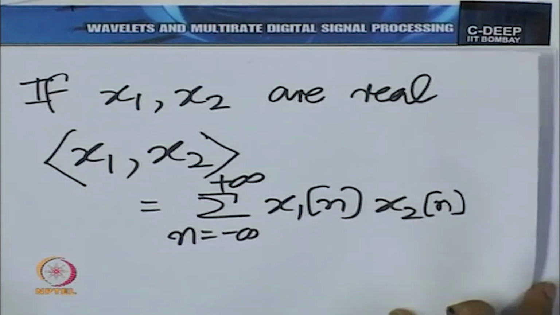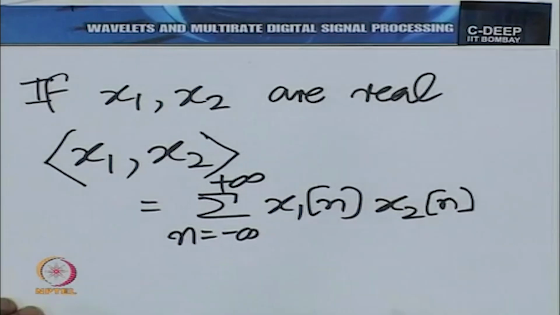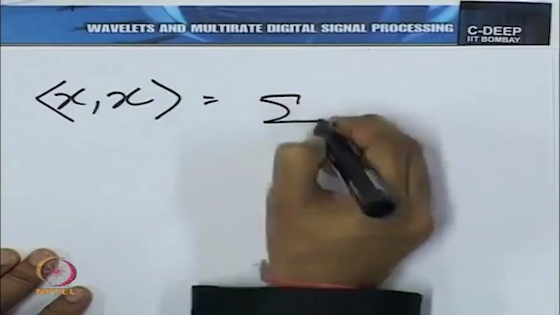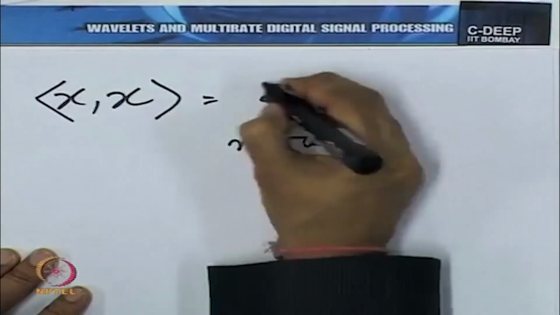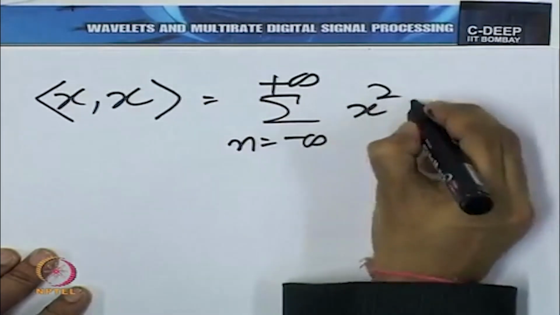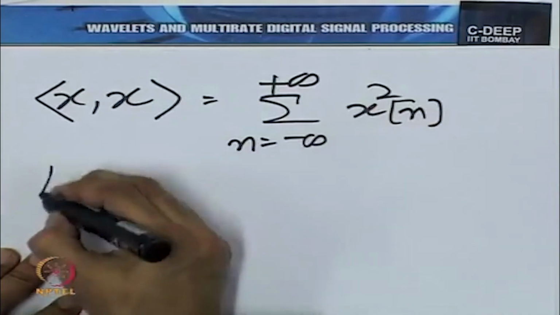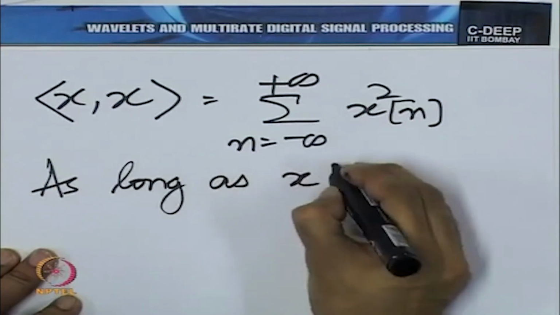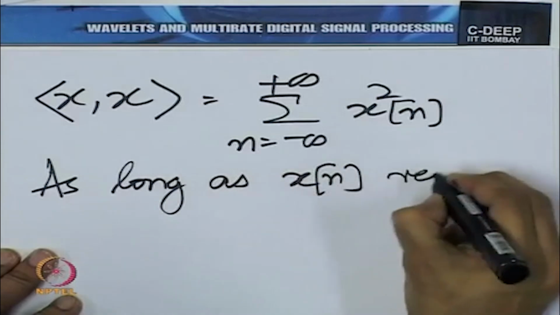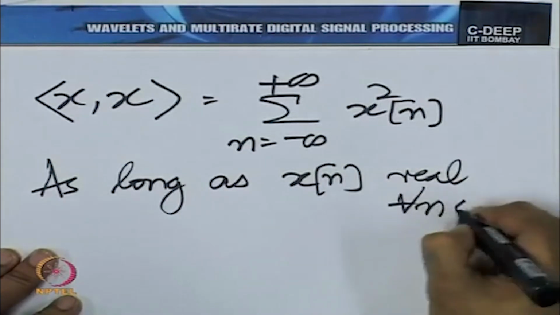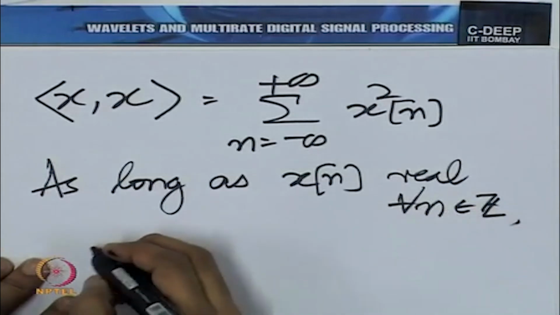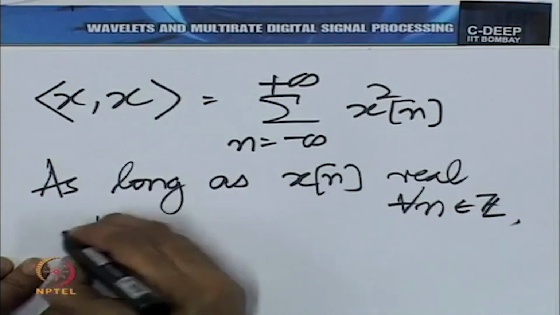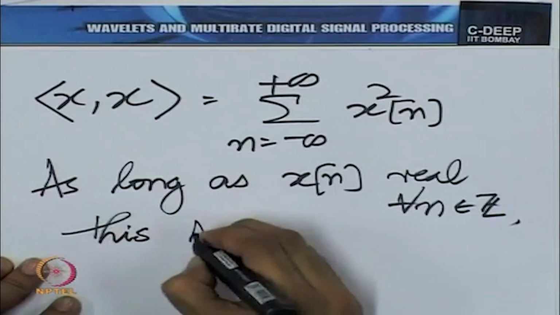Then the dot product of x with x is essentially summation n running from minus to plus infinity x squared n, and as long as x n is real for all n belonging to z, this satisfies the requirements of norm.